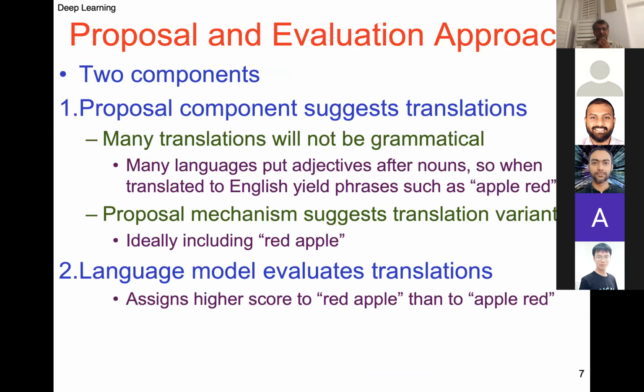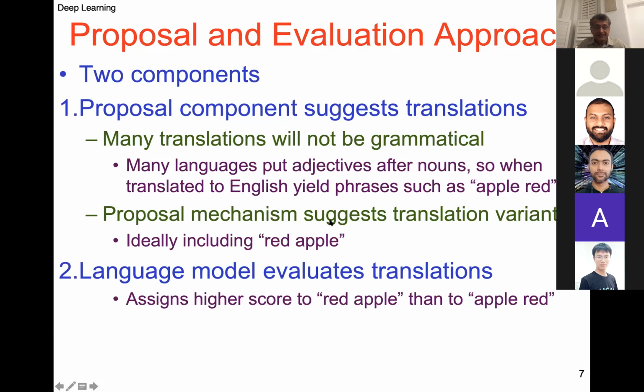So one approach to machine translation is called the proposal and evaluation approach. There are two components. The proposal component suggests translations, and many translations will not be grammatical. Many languages put adjectives after nouns, so when translated into English, they yield phrases such as apple red, right? The proposal mechanism suggests translation variants, ideally including red apple, right?